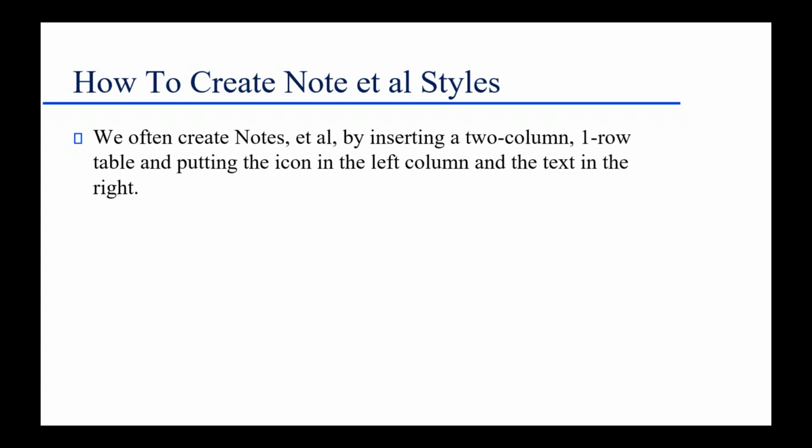And what we often do is insert a 2-column, 1-row table, and you put the icon in the left column and the text in the right column, and great, everything's cool, and you do this over and over and over and over again. And then somebody comes along and says, you know, we don't like the icon that you used for a caution. We want you to change it.